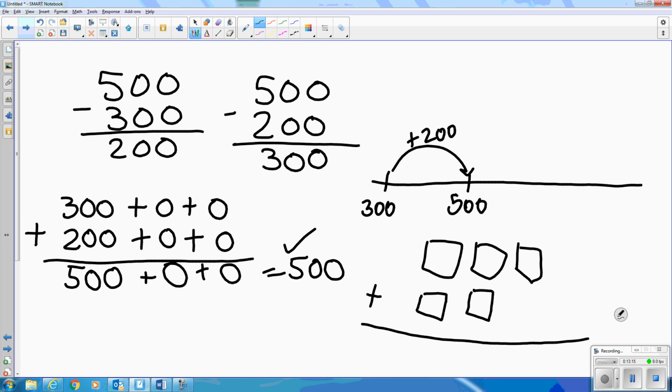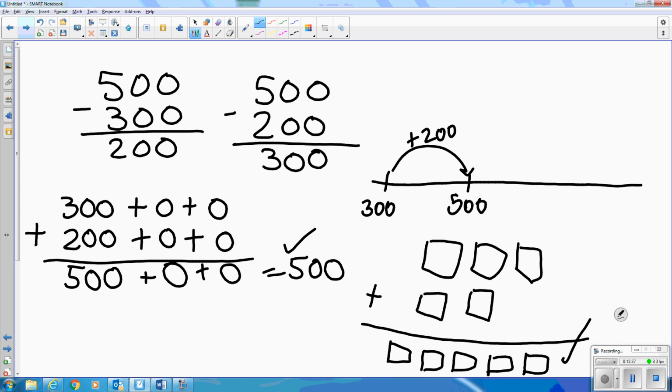Which is the same as what? 500. My flats here aren't looking very great, but it's fine. So that's the same thing as 500. Anything else? We did that right here. That's the decomposing, right? I think we did really good on that.